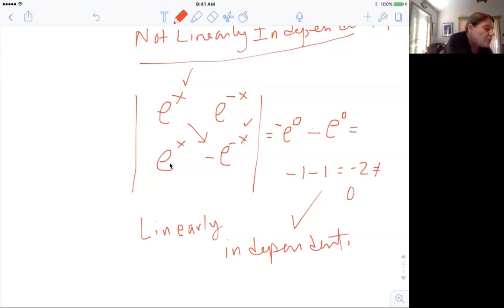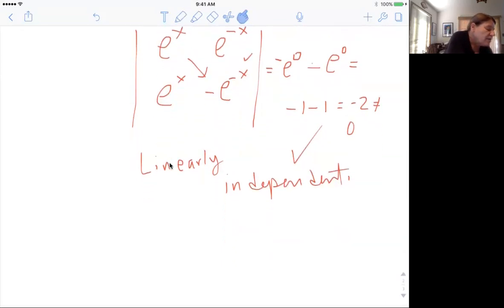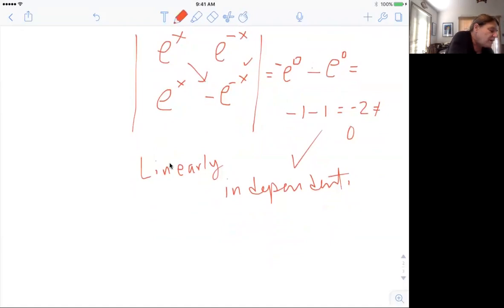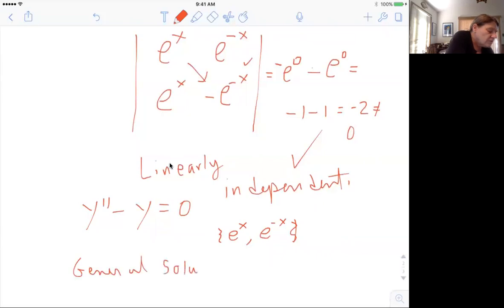Now, what that means in terms of what we did the other day, in 4.1, is that for this equation, y double prime minus y equals 0, the fundamental set is e to the x, e to the minus x, and the general solution is y equals c1 e to the x plus c2 e to the minus x.